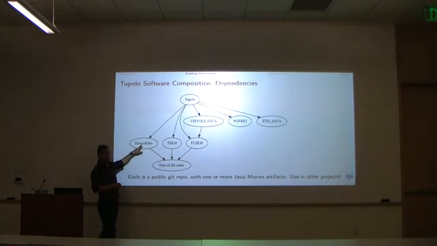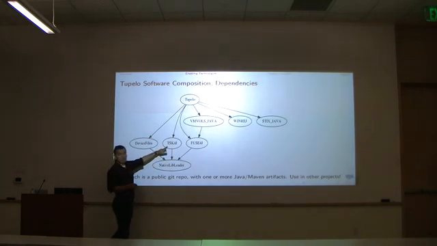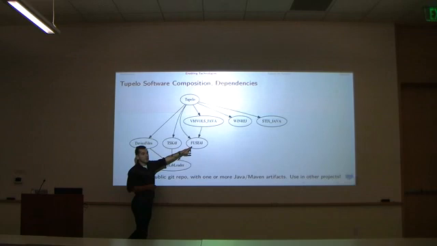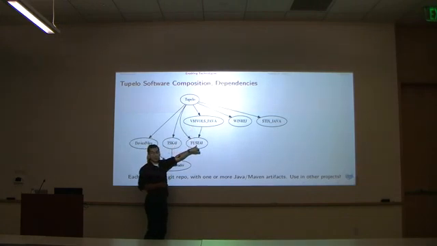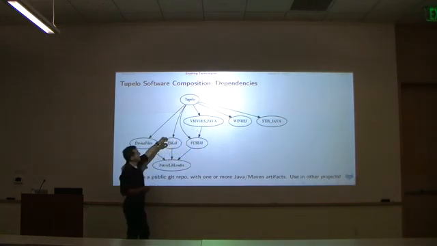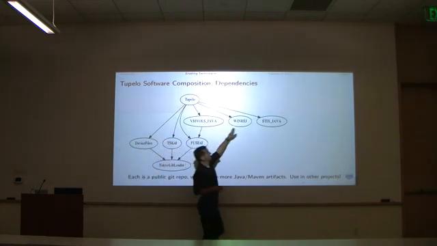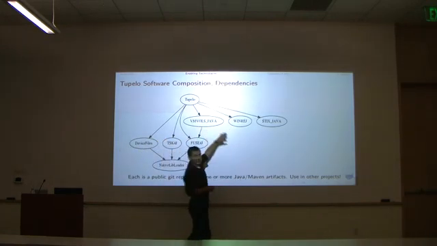This has got C code in it, so I use this framework to bundle the C and Java code together. This has got C code in it, because I'm binding to Sleuthkit and C, so I use that. This has got binding to Fuse, which is C code, so I use this. VM files uses Fuse for J to enable me to see these as disks from the host. This is pure Java, this is pure Java, but Tupelo uses all of them.